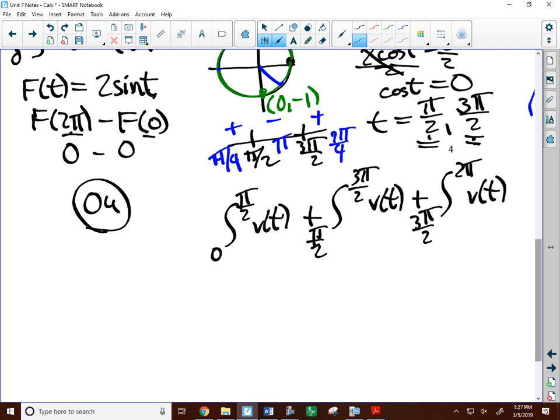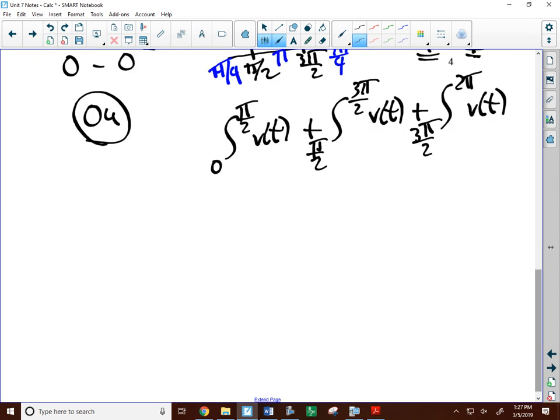Okay, it looks like a lot to do, but we already have the antiderivative. We already know f of 2 pi and f of 0. We'll only have to figure out 2 more. So I'm breaking it up. Let me write in what each of these are. This one's going to be f of pi over 2 minus f of 0. By the way, I like to write it out.